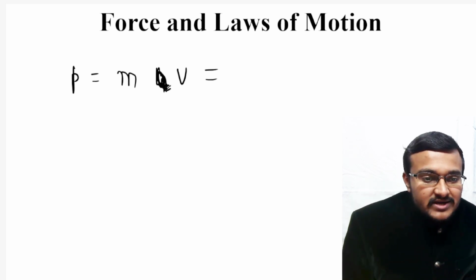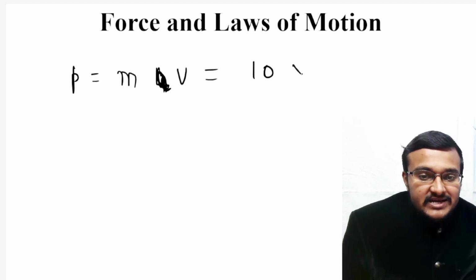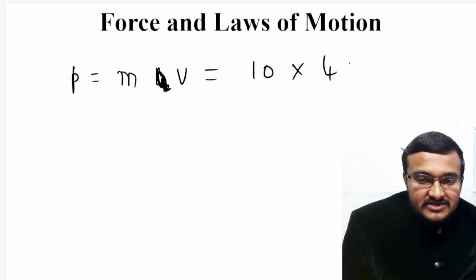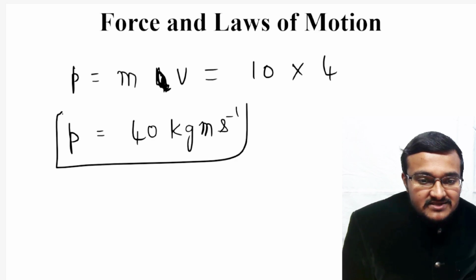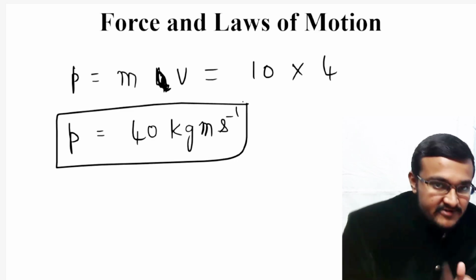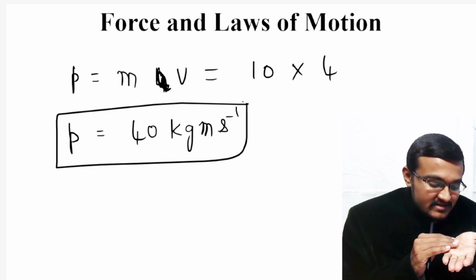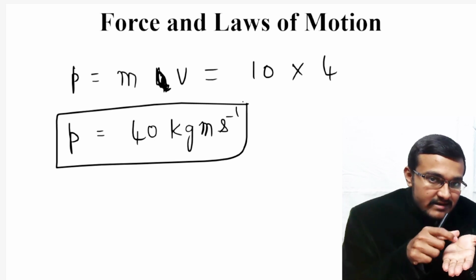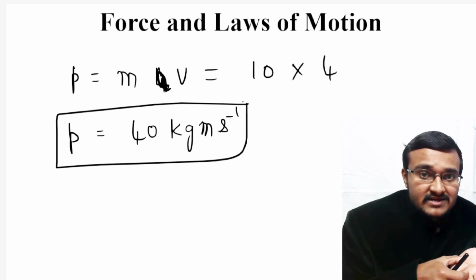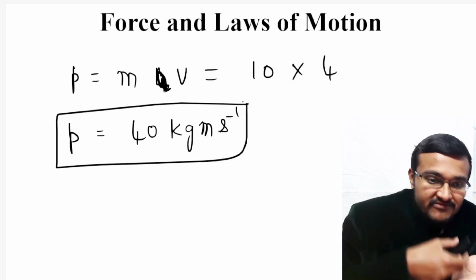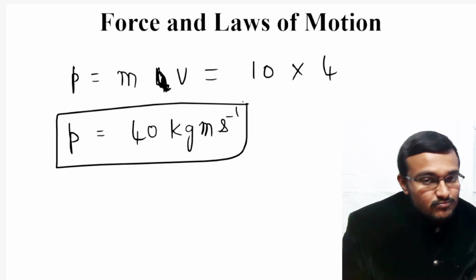In the place of mass, you write the mass of this dumbbell, that is 10 kg, into velocity 4 meter per second. So 10 kg into 4 meter per second will be 40 kg meter per second. This is the momentum which this dumbbell transfers to the ground. That means just before hitting the ground, the dumbbell will have momentum equal to 40 kg meter per second. With that momentum, it is hitting the ground, so the ground will receive 40 kg meter per second momentum.